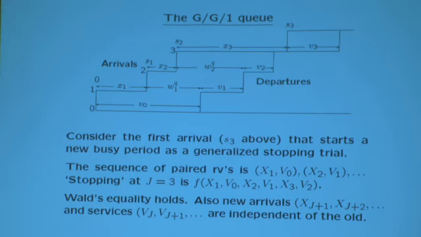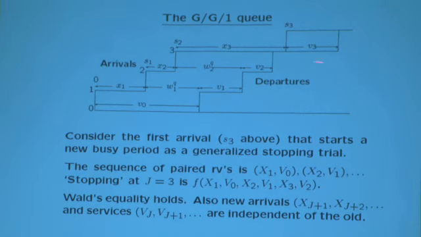and what we've done here is use this idea of a stopping trial, not to define when we stop this whole process, but to define when a renewal occurs. In other words, we're using it to define when the old inter-renewal period ends and a new one begins. This can be called a stopping trial if in fact you stop the whole process at that point and didn't do anything further.